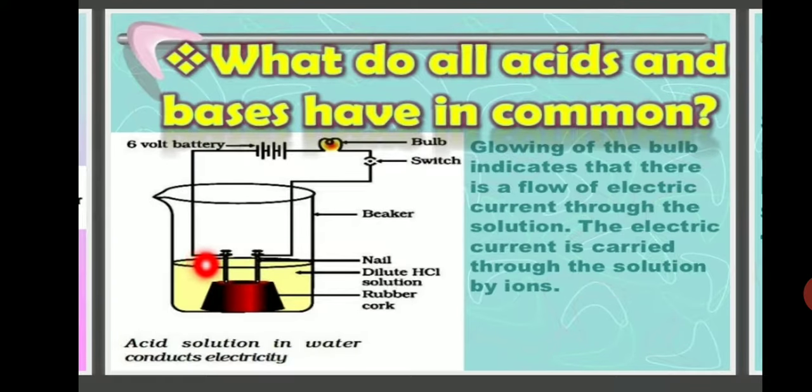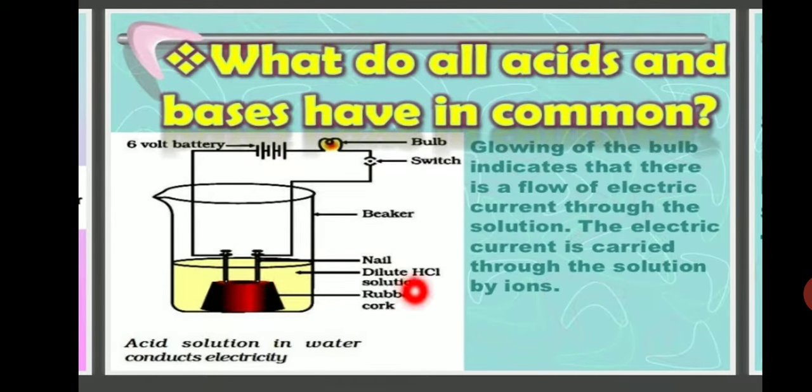As the current is carried by the movement of ions, we know that this acid also contains ions. So due to the presence of ions in the acid, it conducts electricity. We studied in the 9th standard what is an ion. Positively or negatively charged particles are called ions. In order to conduct electricity, the acid that we've taken should contain ions.